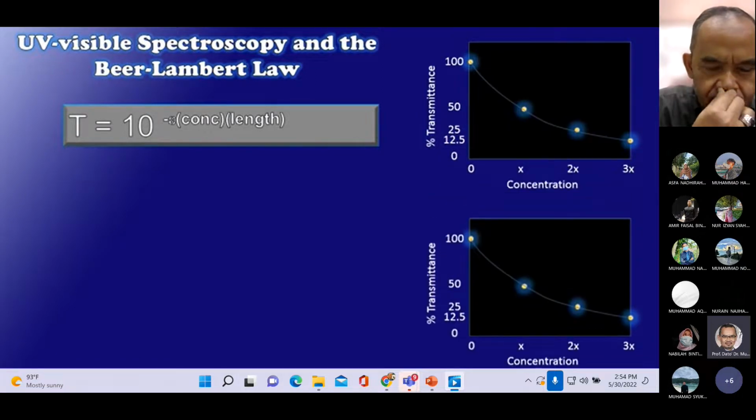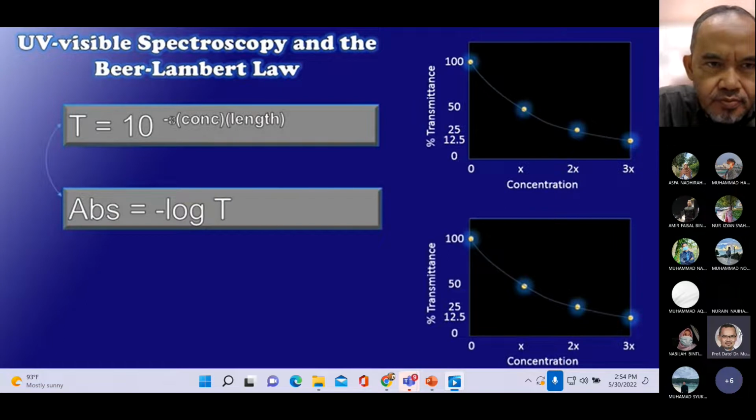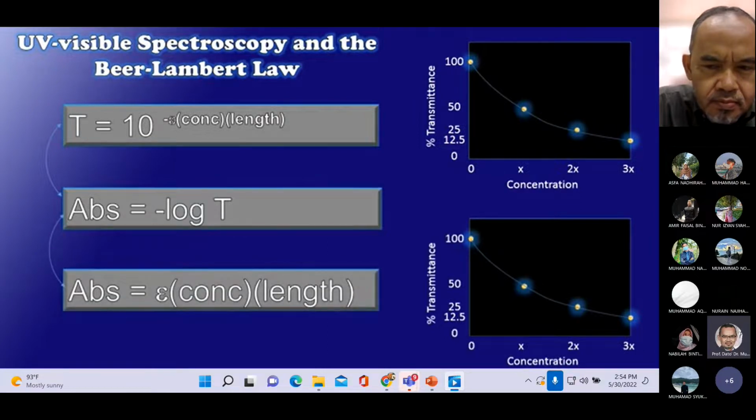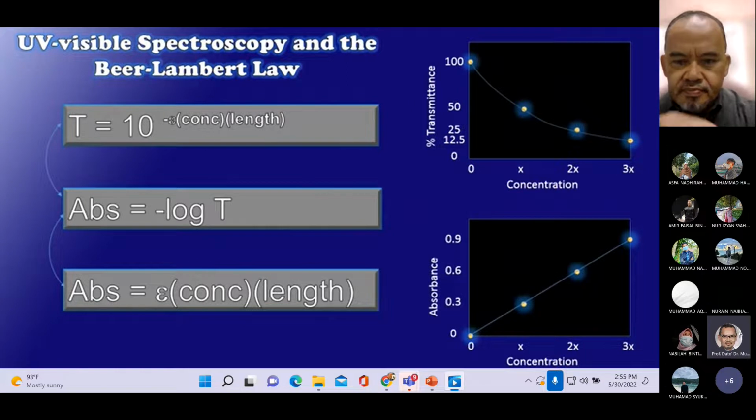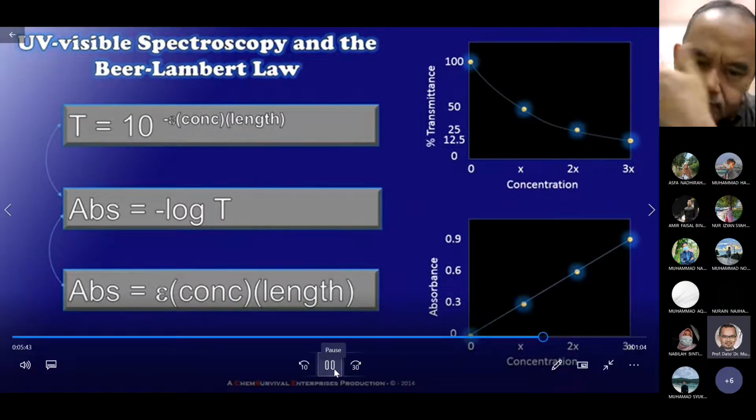And he did so by taking the logarithm, or really the negative logarithm, of the transmittance. Taking the logarithm of an exponential function creates a linear function. And so the data, when plotted as absorbance rather than transmittance, is actually considerably easier to look at. Not to mention, it's much easier to predict the exact absorbance by either extrapolating or interpolating within the data set that I've collected. This is the utility of the Beer-Lambert law, and the reason why we convert percent transmittance into absorbance so often when conducting UV visible spectroscopy.